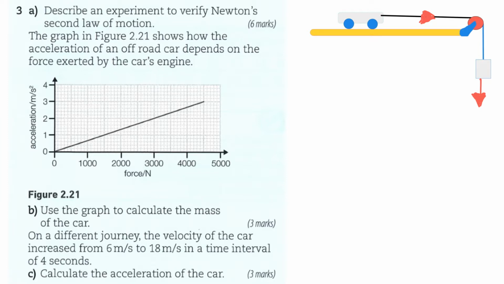You can also keep the force constant and add loads to the trolley to change its mass and see how a constant force with a changing mass affects the acceleration. So you might describe tilting this runway to friction compensate it.